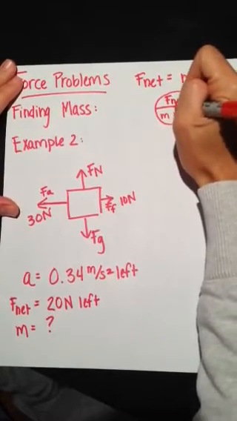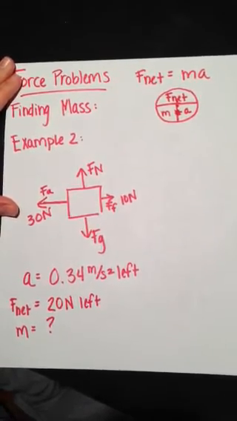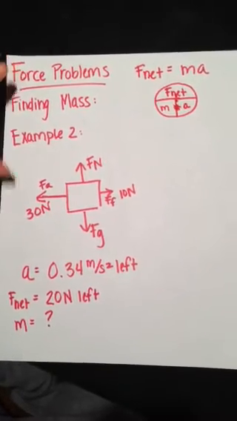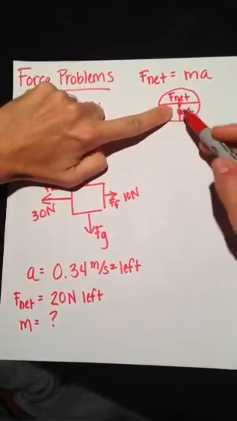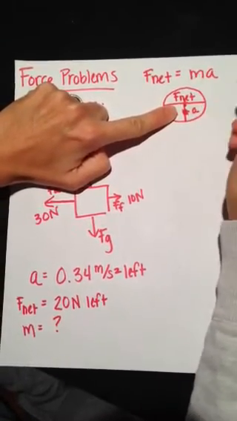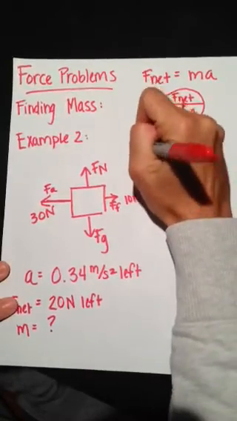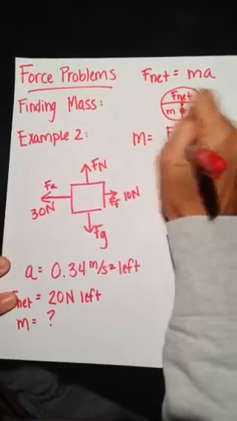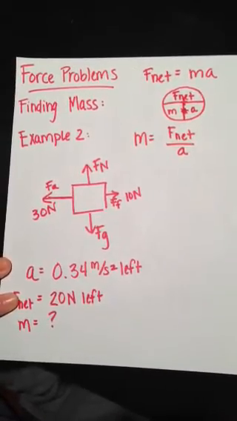Anything right here is going to be divided. So if I want to manipulate my equation beforehand, I'm going to cover up what I want to know. That's mass. So I'm left with F net divided by acceleration equals mass. So I'm going to rewrite that: mass equals F net divided by acceleration.